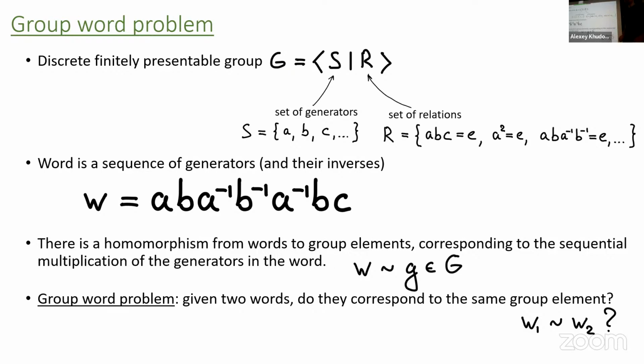One basic question: when you are mapping the words to the group elements, is there a starting element on which they act? They all act on the identity. Is this invariant of what your starting element is? Sorry, what do you mean by starting element? This homomorphism just means you take these generators and multiply them together. So these are matrices? First of all, you shouldn't think of them as matrices, because not every group has a representation.